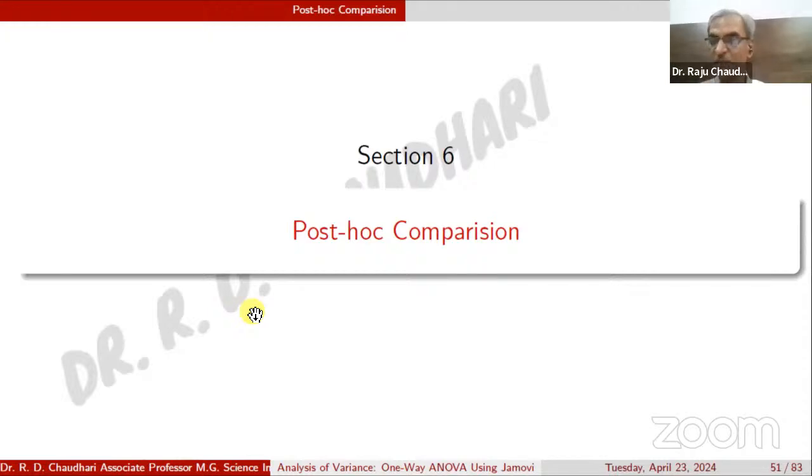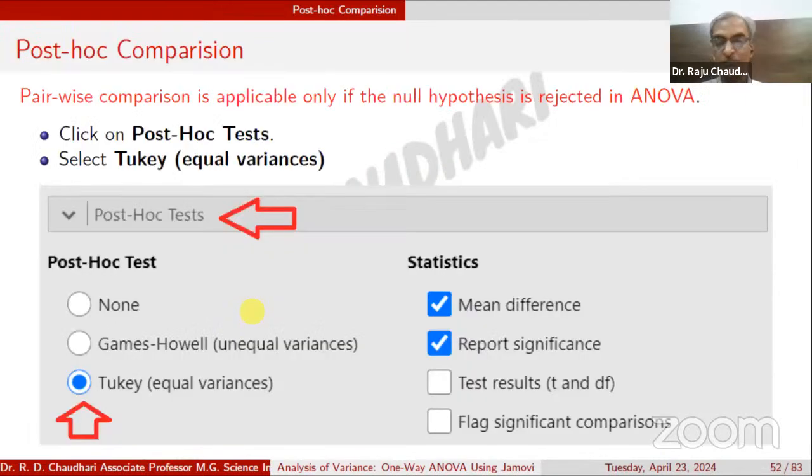Remember, again I repeat, post hoc comparison is used only when the null hypothesis is rejected for the analysis of variance technique. If null is rejected, then only go for the post hoc comparison. If there is no difference, that means all the means are equal, so there is no need to go for the pairwise comparison.